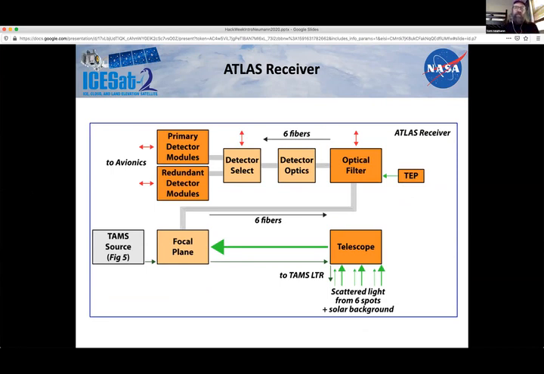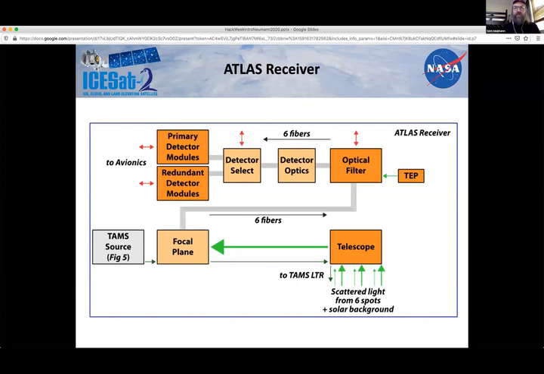Our center wavelength is 532 nanometers, and the passband on these filters is really narrow, just plus or minus 15 picometers. The reason for such a narrow passband is that the sun also puts out a lot of light in that part of the spectrum. So we want to do as well as we can and reject as much of those background photons as possible.